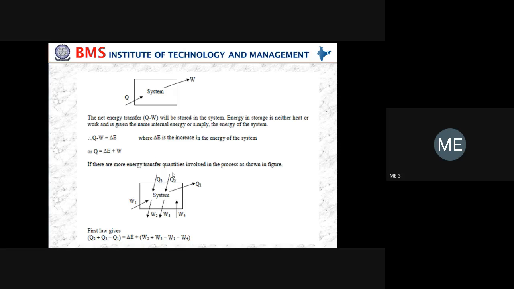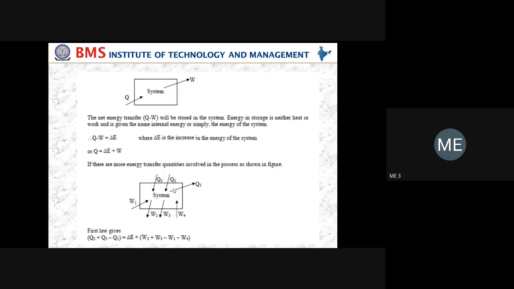Similarly, Q2 is the heat input to the system, and W2 is the work output from the system, and Q3 is the heat input to the system, and W3 is the work output from the system, and W4 is the work input to the system, and Q4 is the heat output from the system. Like that, if there are more than one energy transfers in a system, then we can write. So you have to remember the sign convention for work transfer and heat transfer, and summation of the heat transfer equals the summation of work transfer.